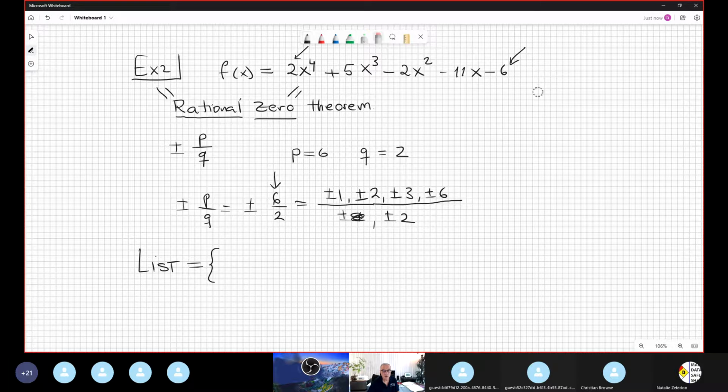You take 1 in the denominator and divide by this, this, this, and this. When it's 1, you know, it's an invisible divisor. So, plus or minus 1, plus or minus 2, plus or minus 3, and plus or minus 6, divided by plus or minus 1, which is invisible.